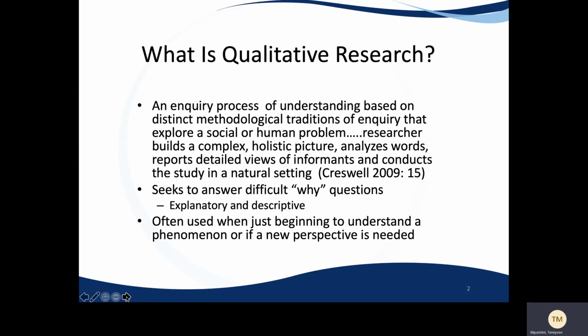In this, the researcher builds a complex, holistic picture, analyzes words, reports detailed views of informants or participants, and conducts this in a natural setting.